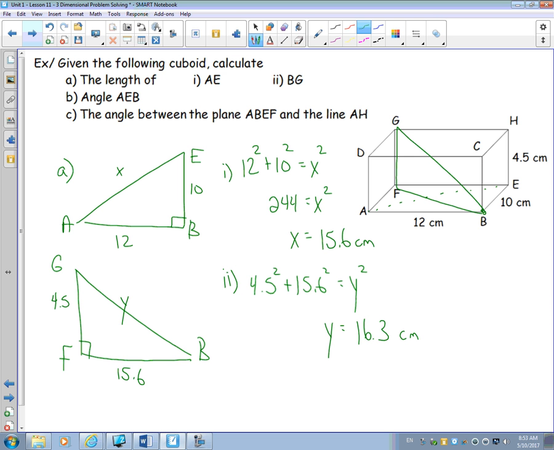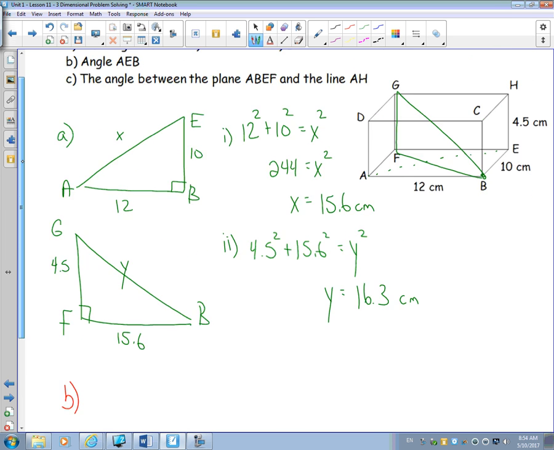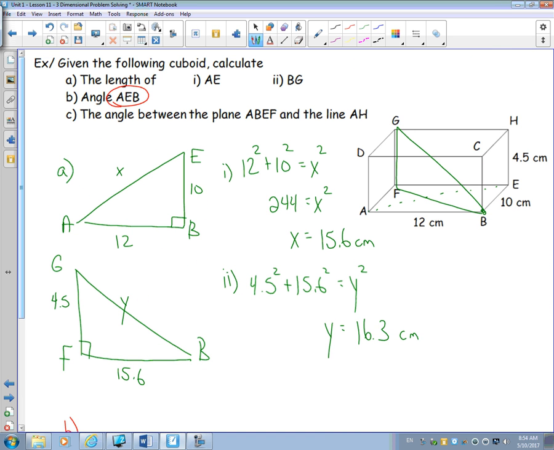Okay, next thing. I want to find angle AEB. So let's talk about part B here. Angle AEB. And remember, it's the middle angle that's important. I actually have a diagram that involves these three letters already. It's right here, this diagram. So A to E to B means I want to find this angle up here. Well, that's a SOHCAHTOA question.